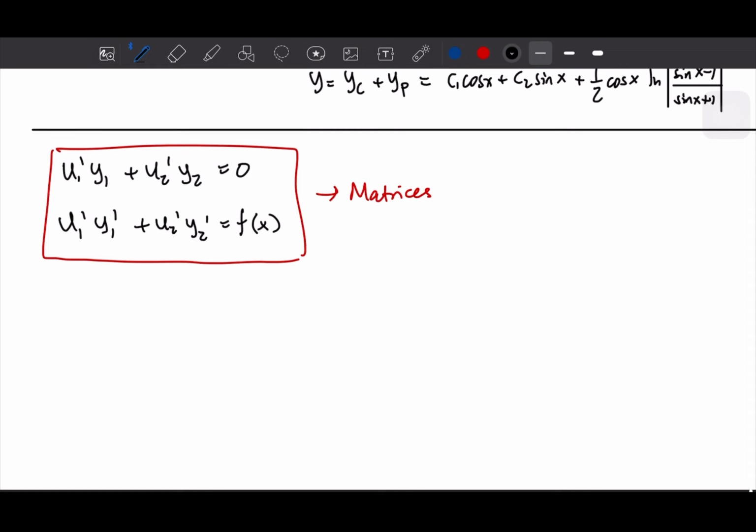We are going to build our Wronskian. Usually our Wronskian is like this, and we use this Wronskian to state whether our y1 and y2 are linearly independent, right? But now we are going to set this Wronskian and change one part with this solution. We call this Cramer's rule in the matrix.